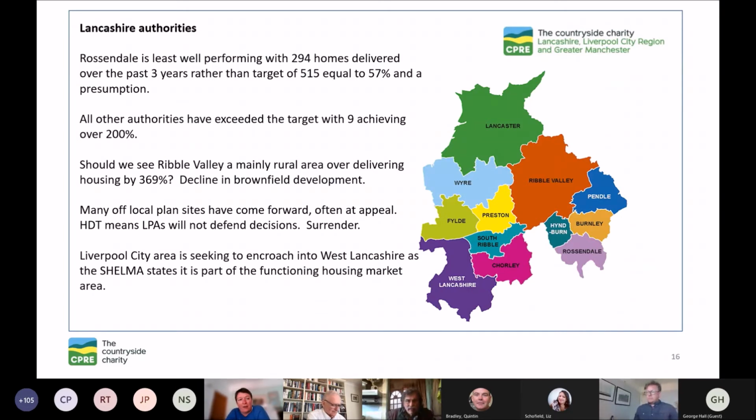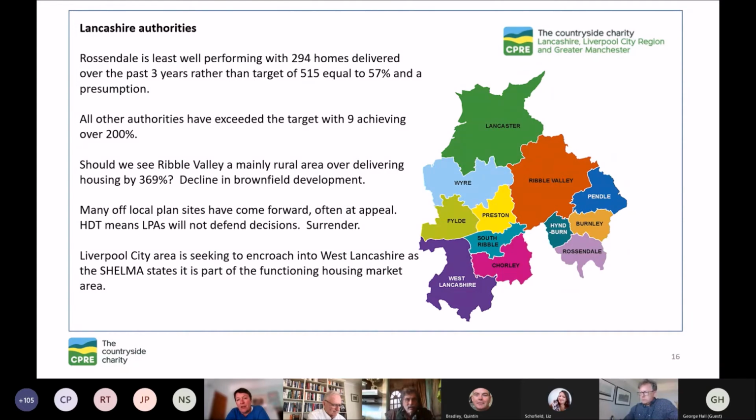Of course, we have to plan for housing, but all of the authorities that are considered more rural are exceeding their targets. In Ribble Valley, we've seen this, delivering 4 times the amount of housing that it should. Each local authority has an annual monitoring report, and we can see that before 2012, when we had the coalition government and the introduction of the National Planning Policy Framework, we had the Northwest Regional Assembly and the Northwest Regional Spatial Strategy, which had brownfield targets, and Ribble Valley was regularly achieving a very high brownfield performance.